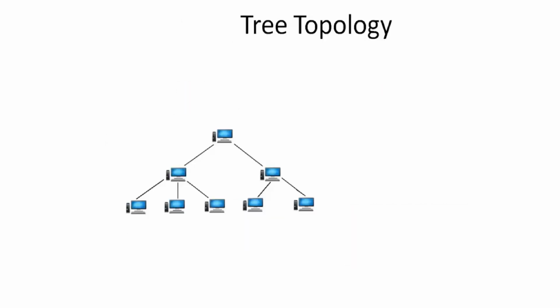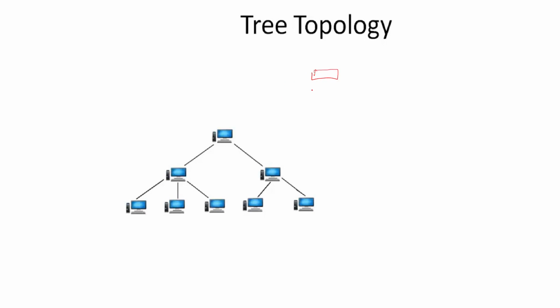Okay, tree topology. See, in a small network we use star topology. We can use star topology in a larger network also, but the problem is, suppose we have 1,000 devices. To connect these 1,000 devices, we need at least 20 switches, right?